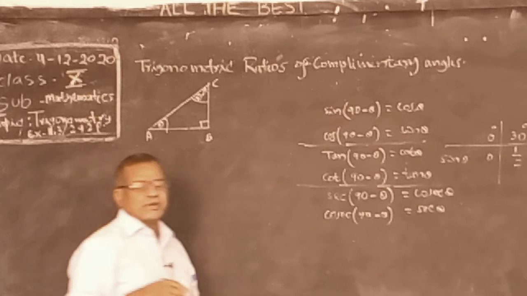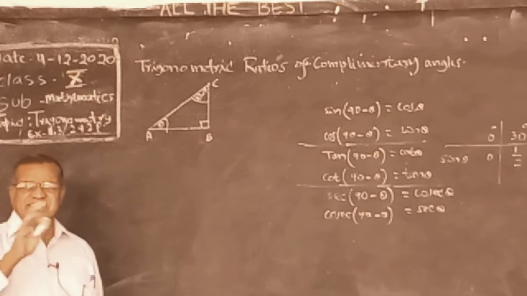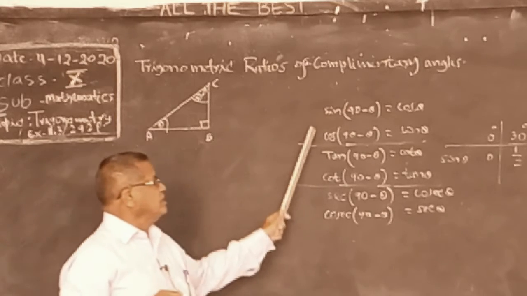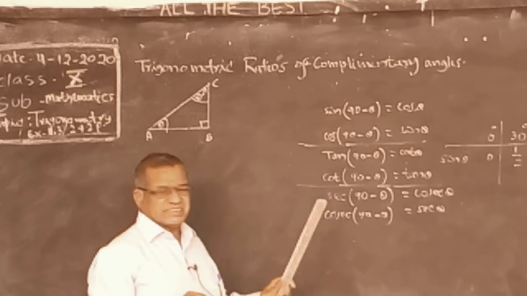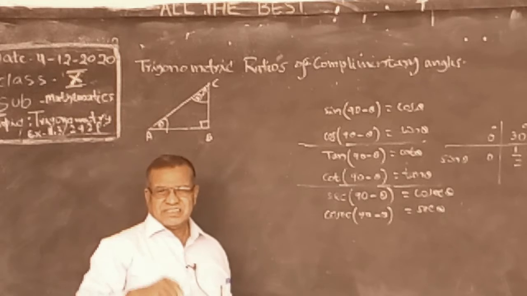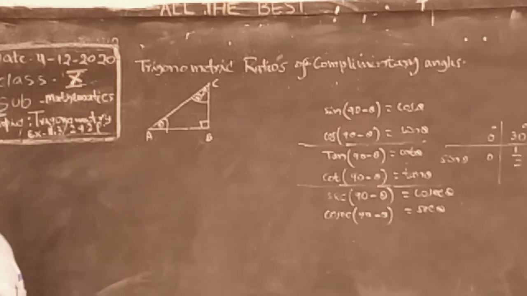We can easily remember: sine, cosine, tangent, cotangent, secant, cosecant. They are complementary angles, co-angles. We can easily remember the relation.